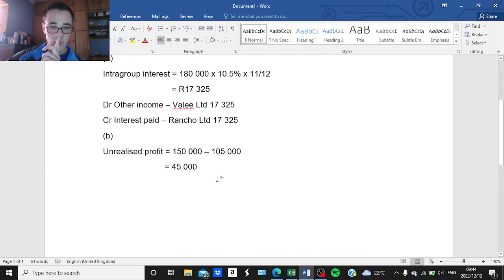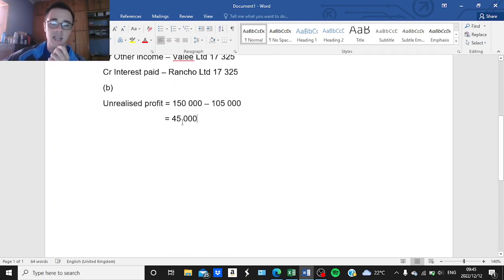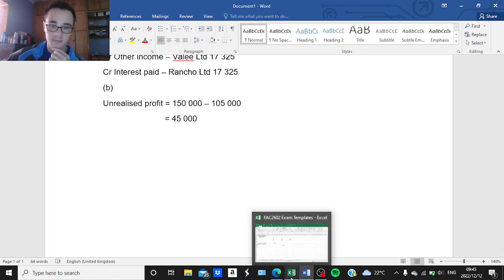Okay, so how do we eliminate unrealized profit? Because a profit was made, we need to decrease the retained earnings account of the company that made the profit. Why do we use retained earnings? Because the transaction occurred in a previous period. If the transaction occurred in the current period, you would make use of the profit before tax amount, or other income, because then the profit would be included in the company's other income amount. Because in this case it was made in a previous period, we will need to make use of retained earnings.